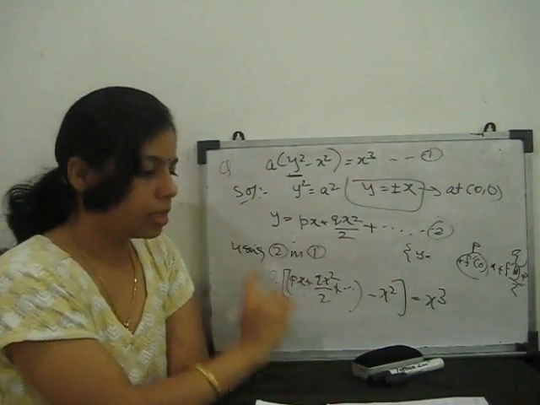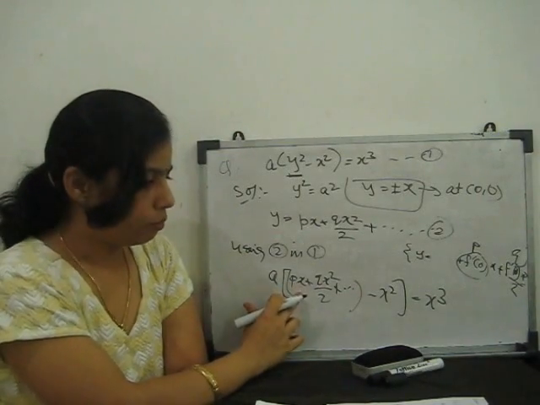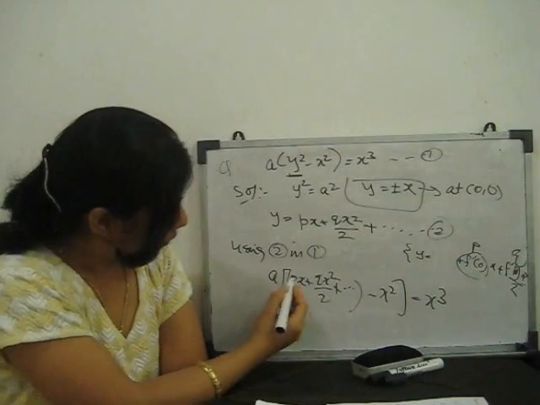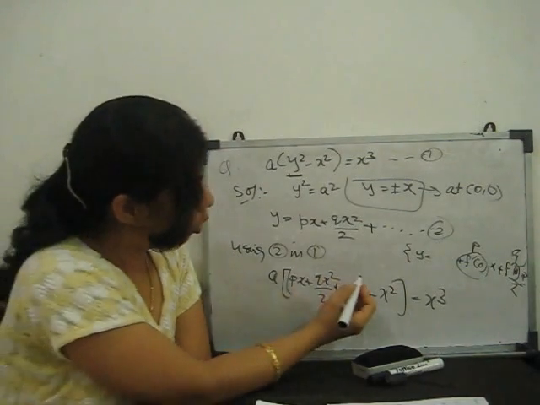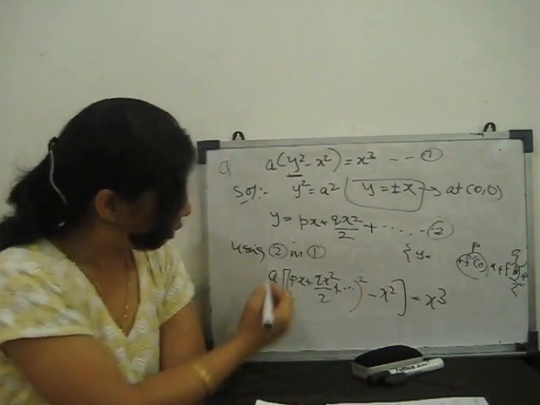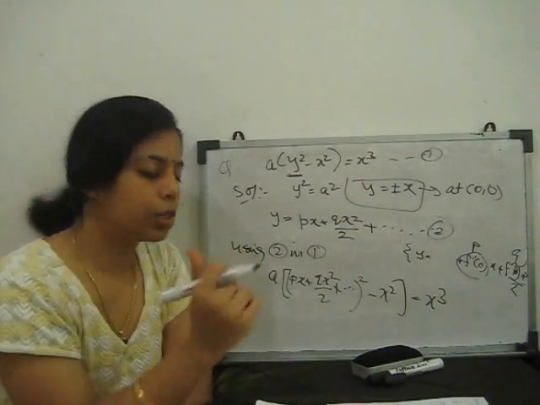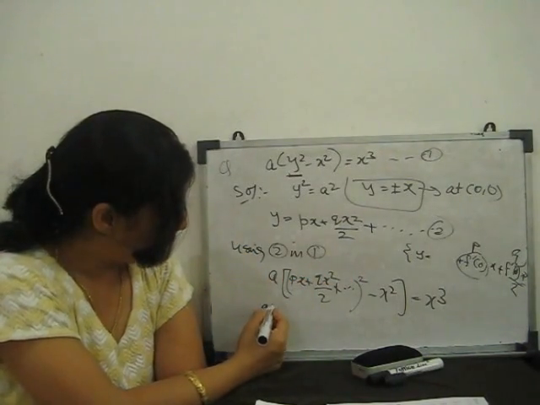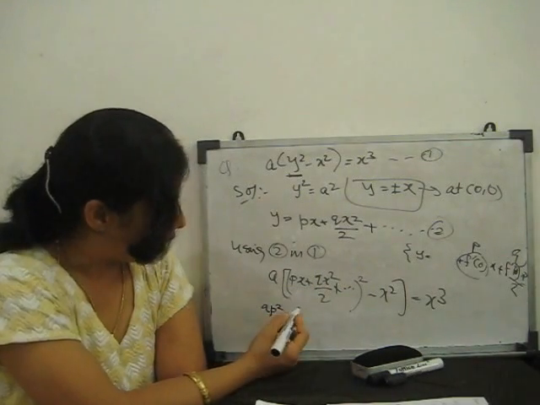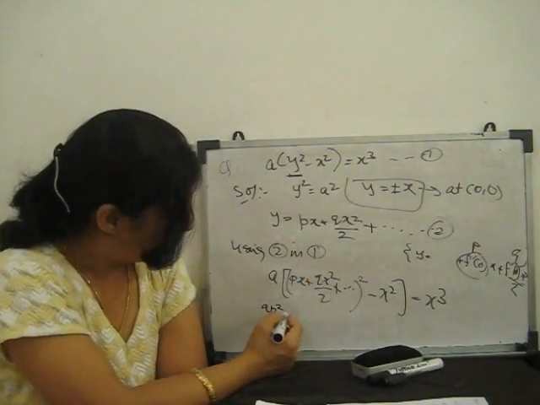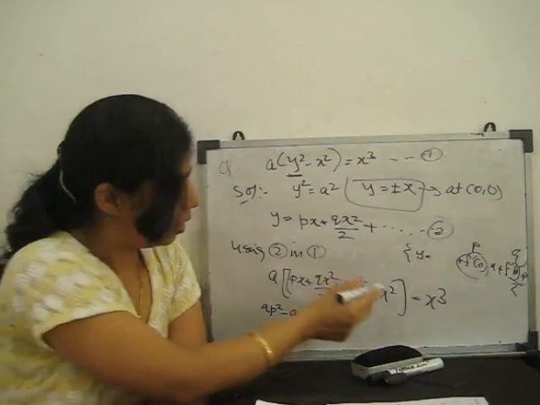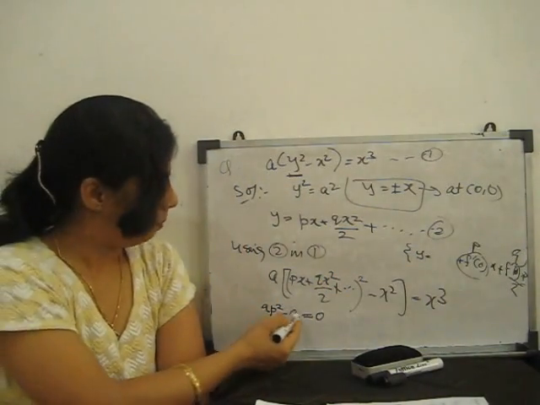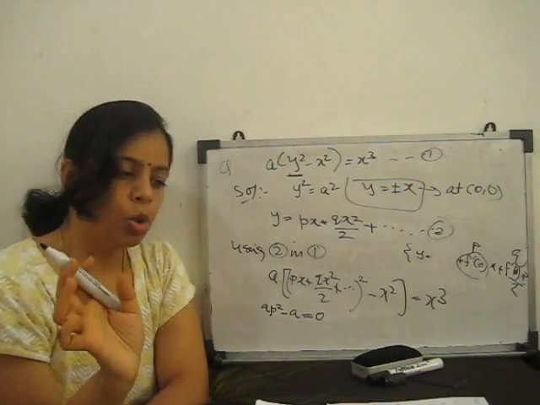So first is the power of x square. Compare the power of x square. So what is the coefficient of x square? a p square minus a on the left, and on the right hand side there is no x square term. So a p square minus a is equal to 0.